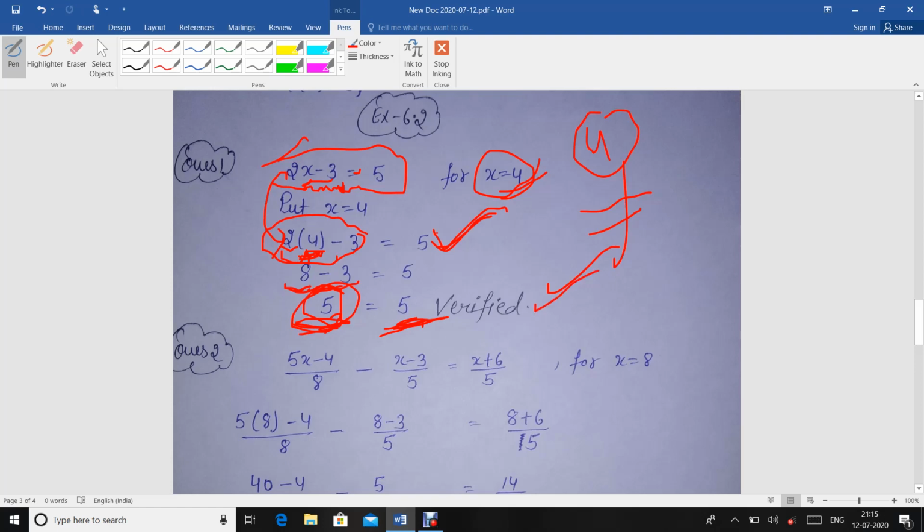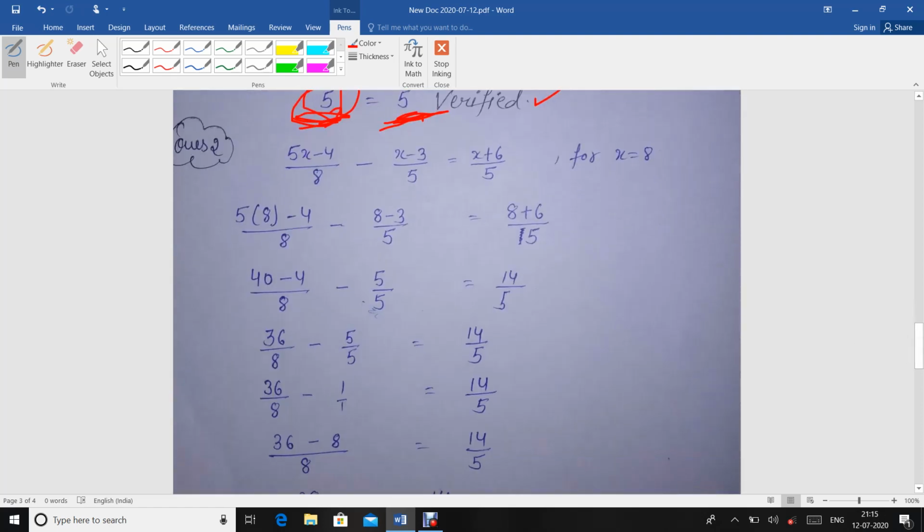Let us see the next question. The next question is (5x minus 4) upon 8 minus (x upon 3) upon (5 minus x), minus 3 upon 5 is equal to (x plus 6) upon 5, and x is equal to 8. To solve this question, we have to put the value of x, that is 8.